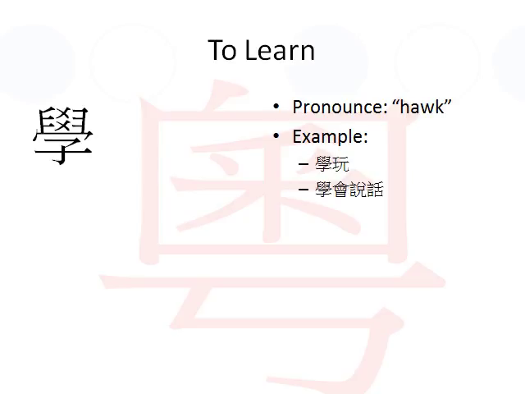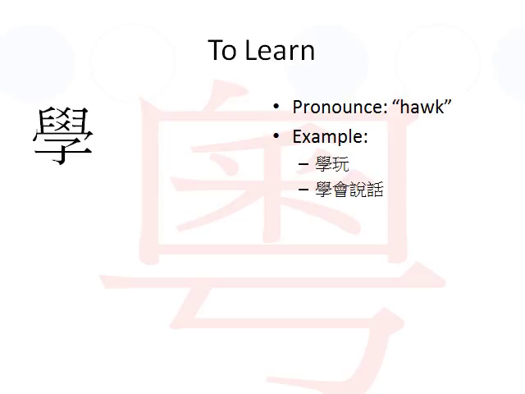To learn. The verb to learn in Cantonese is pronounced as học. Again, the verb for to learn in Cantonese is pronounced học, which is quite similar to what you see in English for the animal hawk.